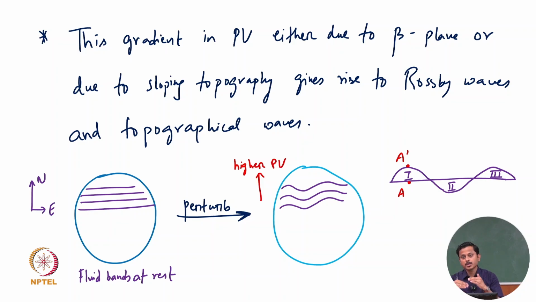So northward is a region of higher PV, and given the fact that regions 1 and 3 are now above the state of rest, they move into regions of higher potential vorticity.